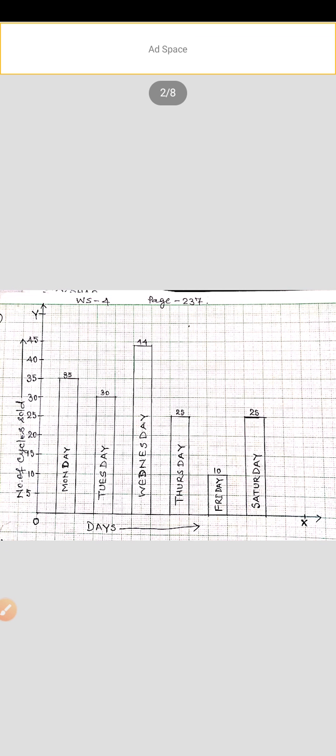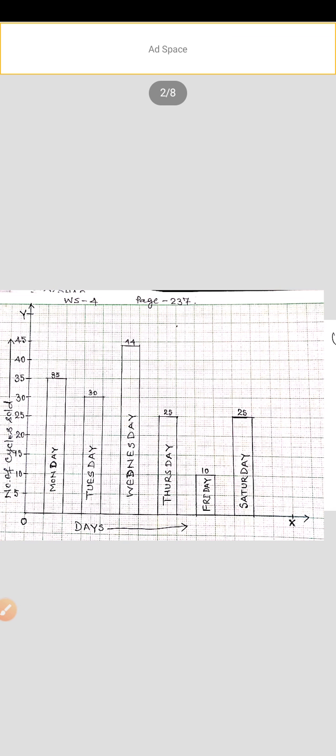Now question number 2, in which you have been given a bar graph. Now you have to ask some questions and write their proper answers. Question number 2, you have been given the graph: the number of adults in a village according to their level of education is given in the bar graph below.